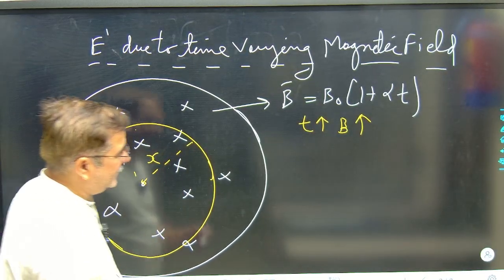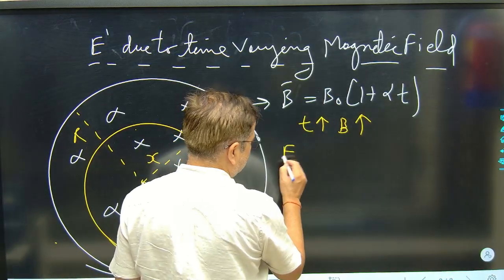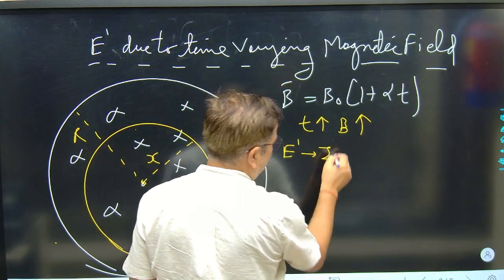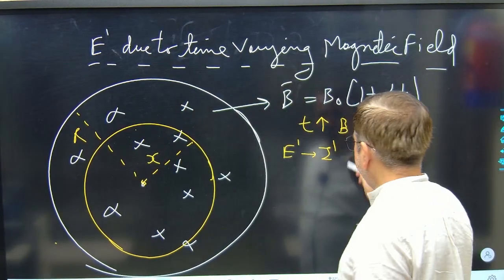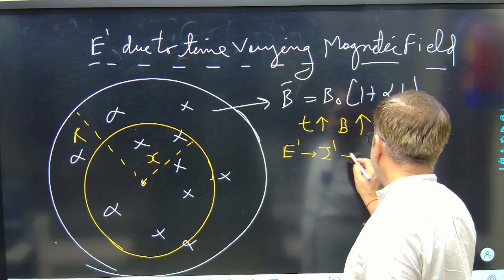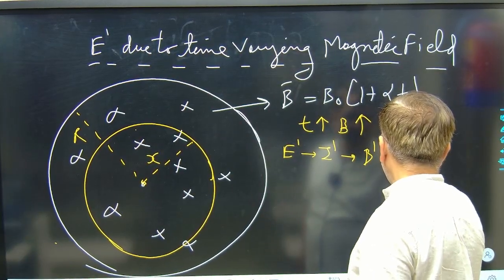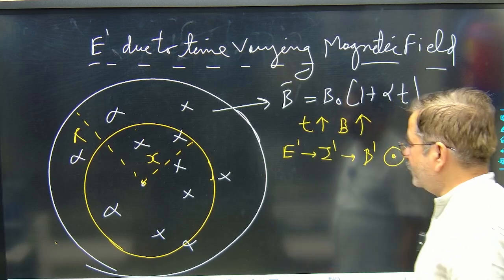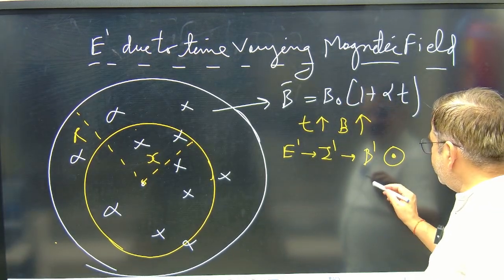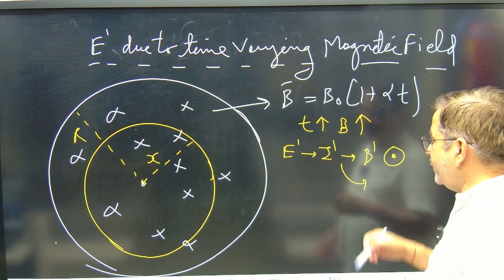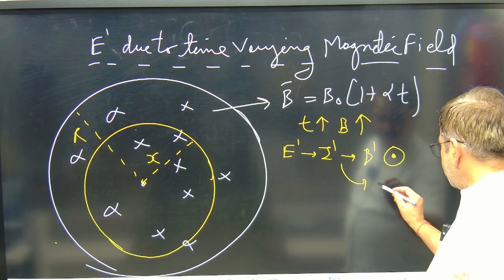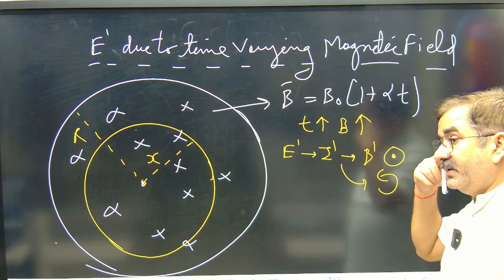Induced field lines will create E dash, corresponding to I dash, because the field is increasing, so flux is increasing. This will correspond to B dash opposite to this one, meaning outward. B dash outward means I dash shall be anti-clockwise. This way the sense of current will be flowing.